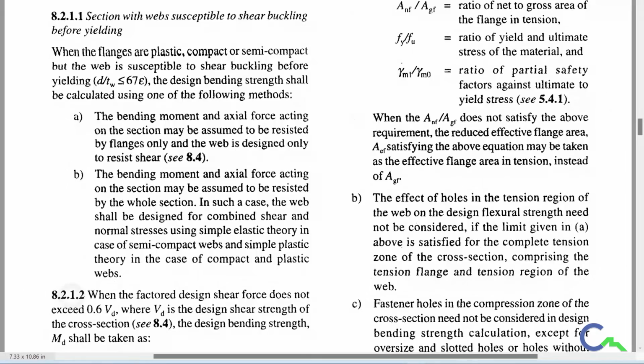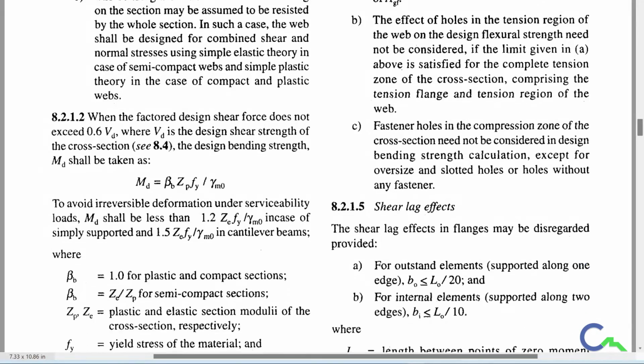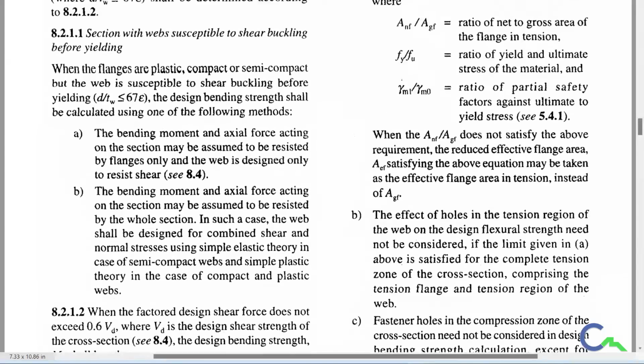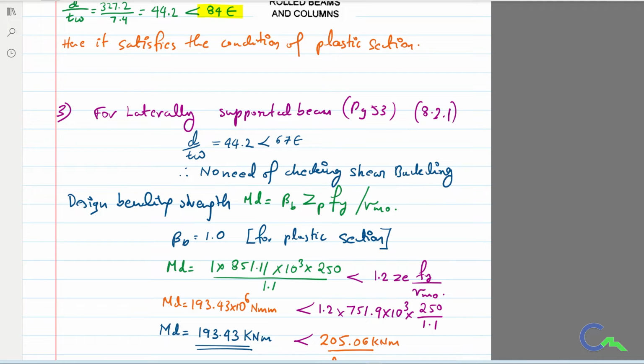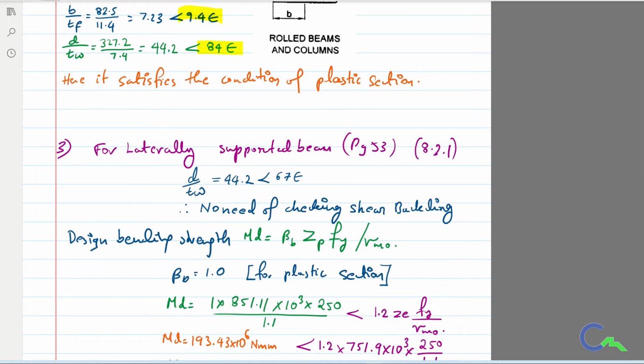Before going to clause number 8.2.1.2, they have given one condition: if the D by TW value is less than 67 epsilon, there is no need to check for shear buckling. In our case, you can see the D by TW value is 44.2, therefore no need to check for shear buckling.